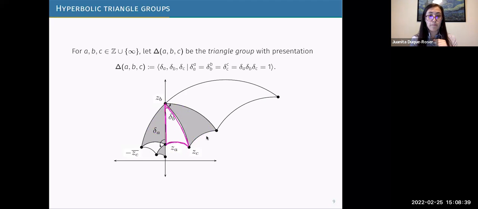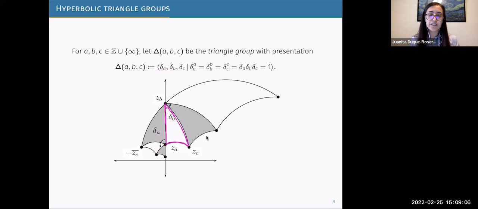And then what these generators are doing is counting the isometries that are orientation preserving. So if we reflect once, we are going to change the orientation. So maybe we can reflect again. And that's our delta a, for example: reflecting once and then reflecting twice to make it orientation preserving.